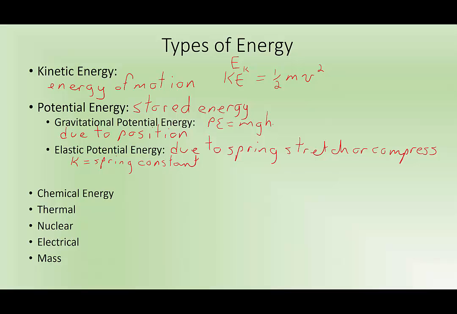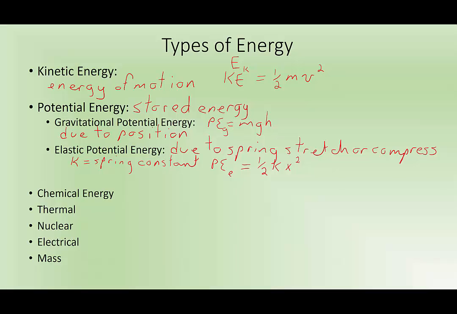The elastic potential energy is found by a similar formula to kinetic energy, and for this one, PE gravitational usually has a little g with it. Potential energy elastic will have a little e, and it is 1/2 kx squared, where k is the spring constant and x is the amount of stretch or compression that the spring has found.